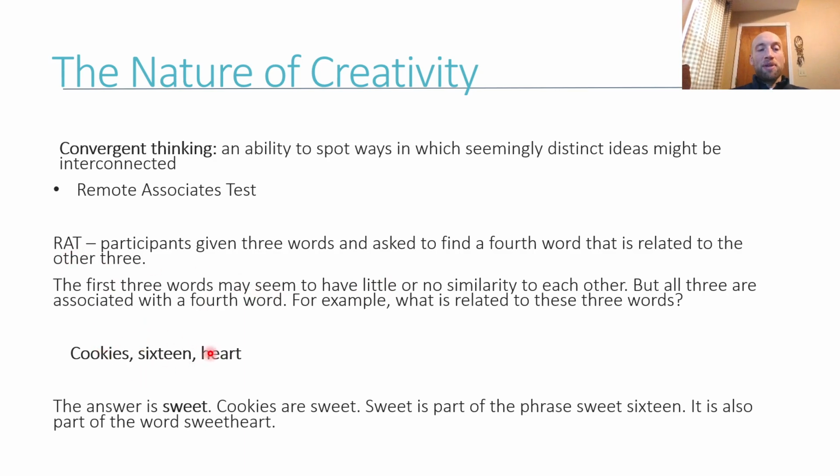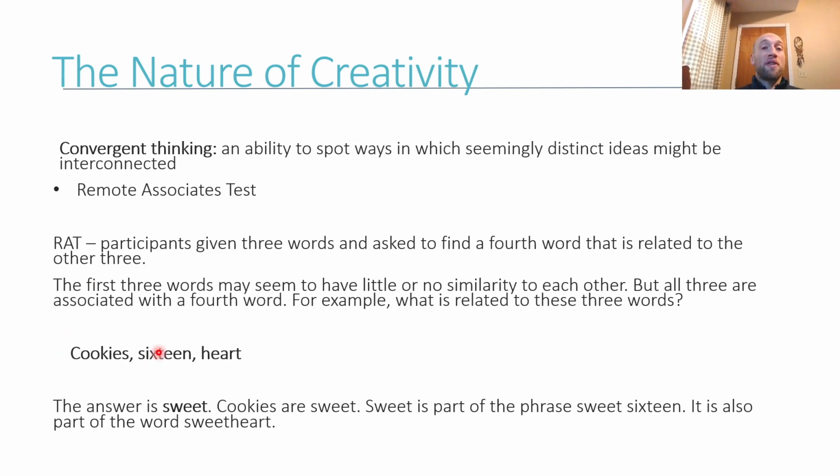So they might see something like this example down here. You have cookies, 16, and heart. The answer to this one is sweet. Cookies are sweet. Sweet is part of the phrase Sweet 16, and then you would use sweet in the word sweetheart. In some cases, many different words will fit here.